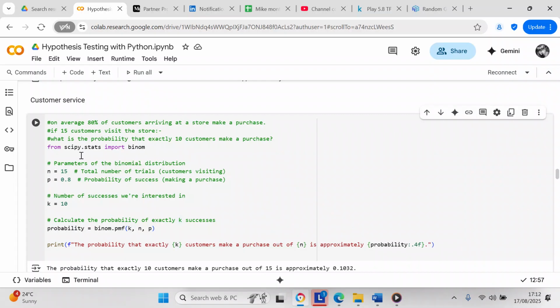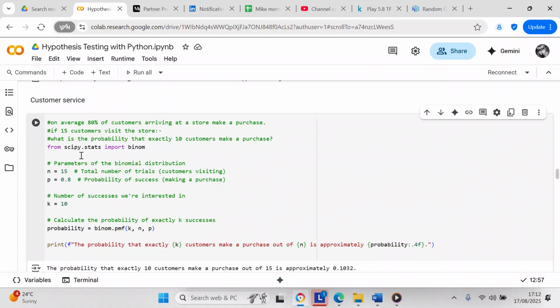So we're going to calculate the probability of exactly k successes as probability equals binom.pmf. That's the probability mass function, k equals 10, n equals 15, and p equals 0.8.